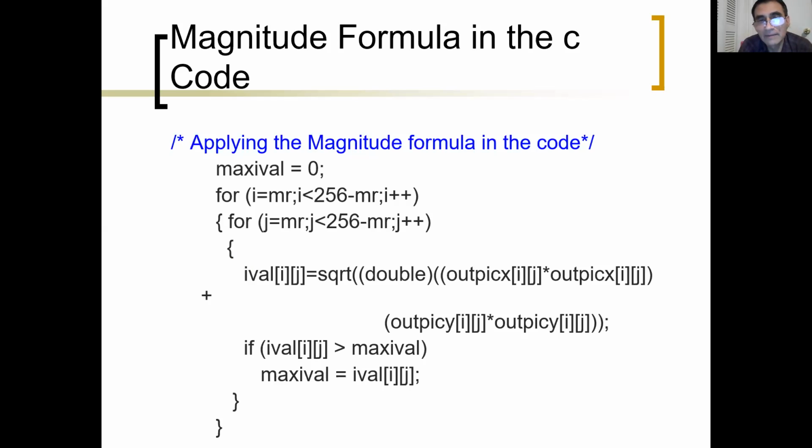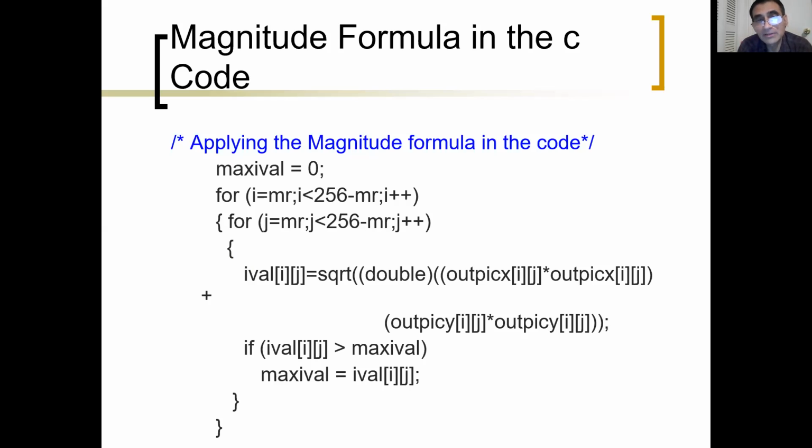I would have done my convolution with the X set of yellow values, and I would have done my convolution with the Y set of yellow values, and I would have stored the outputs. The output for the X set, I would store in outpick X, and the output for the Y set, I would store in outpick Y, right?